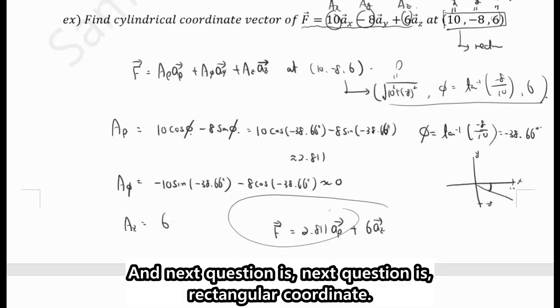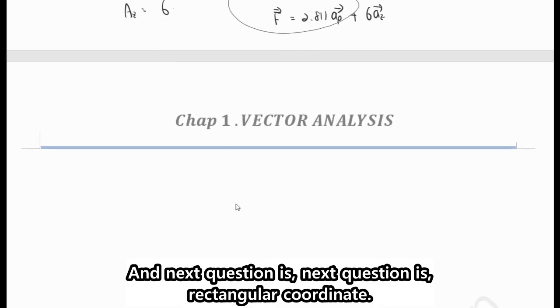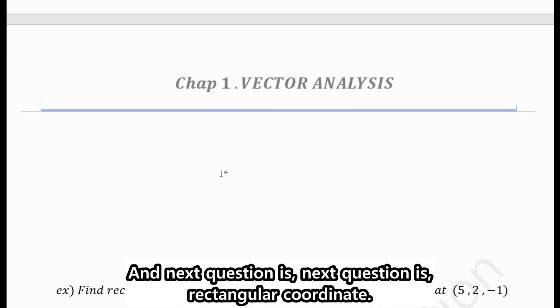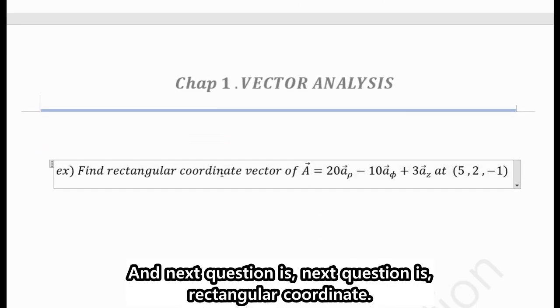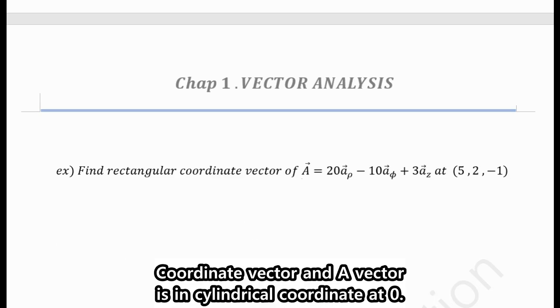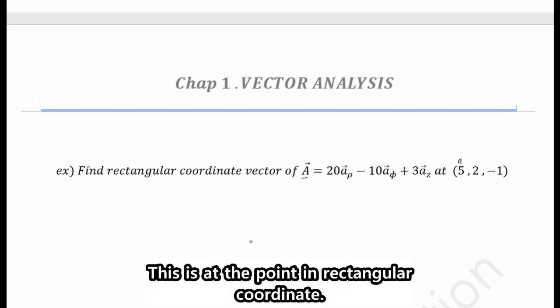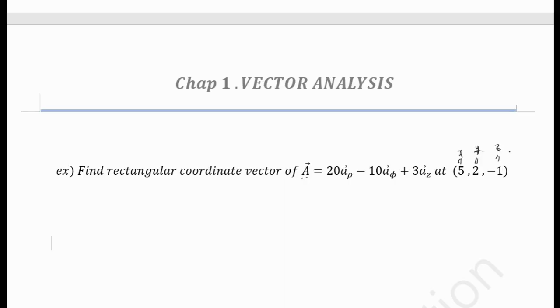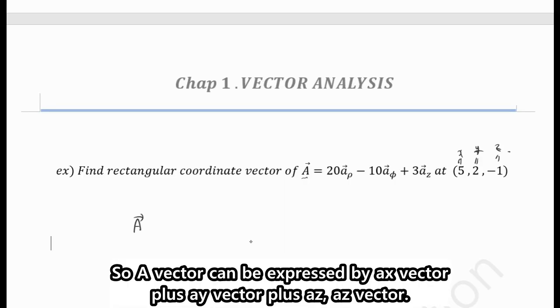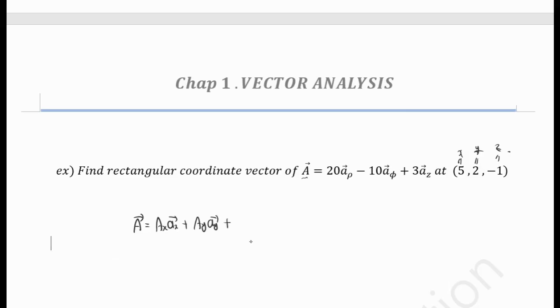And next question is to transform a vector A in cylindrical coordinate to rectangular coordinate at point 5, 2, 1. So the A vector can be expressed by Ax vector plus Ay vector plus Az vector.